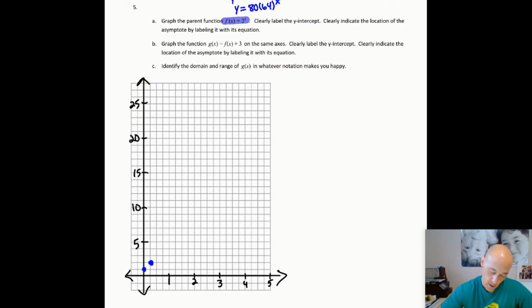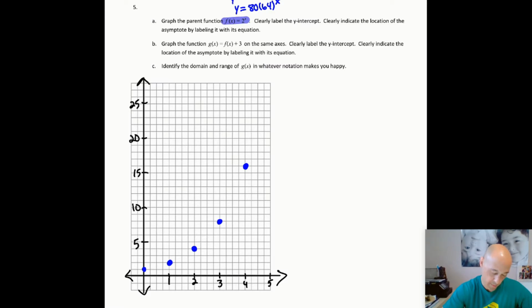When x is 2, 2 squared is going to be 4. When x is 3, it's going to be 8. This is why I spread it out like this on my x-axis so I can see a little better. And 2 to the fourth power is 16.